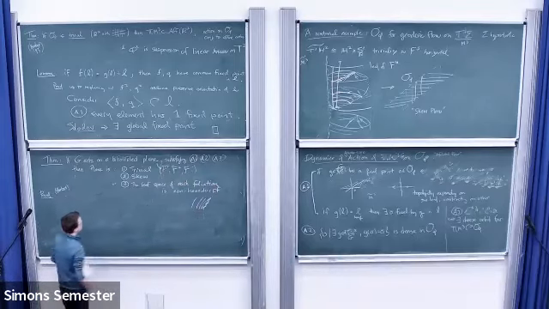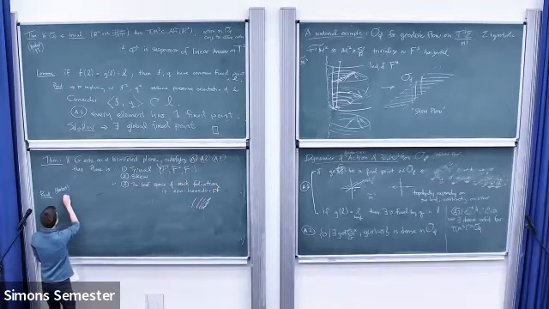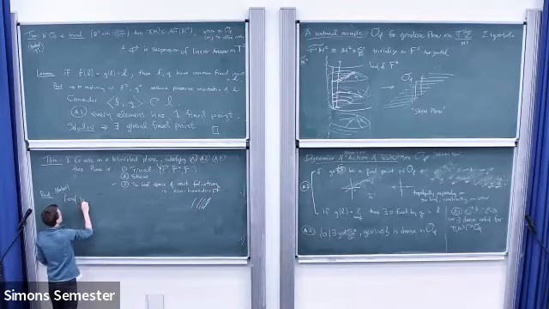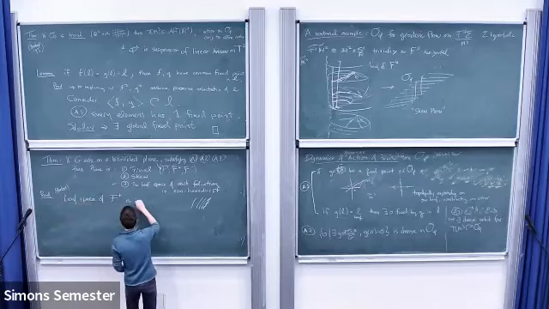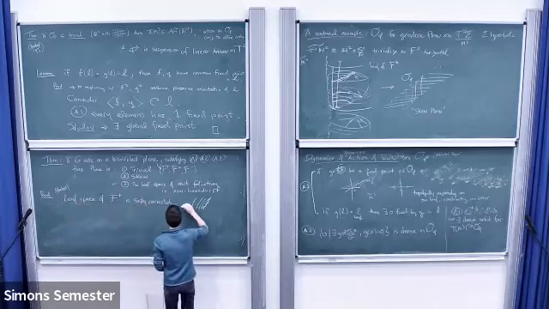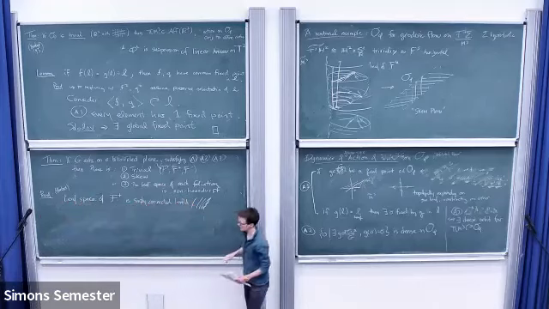Okay. So let's see. The leaf space of one of these, say F plus, is some kind of one manifold. It's a simply connected one manifold. That's just some general topology.